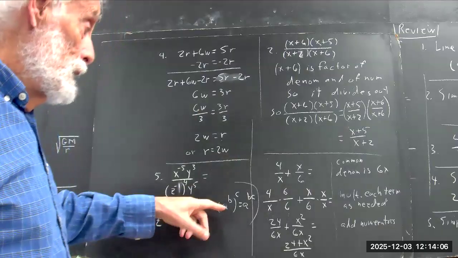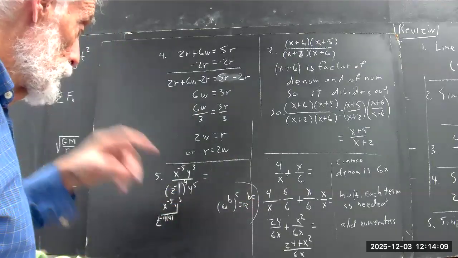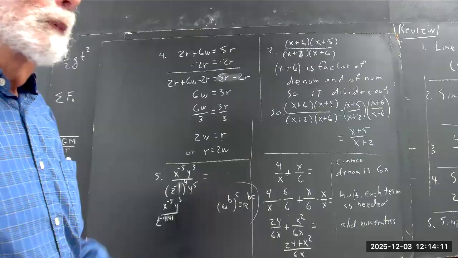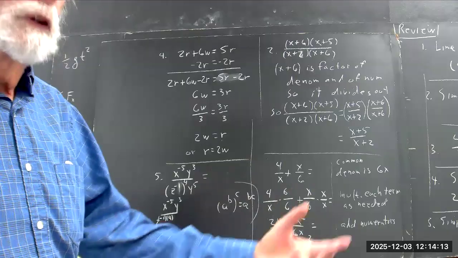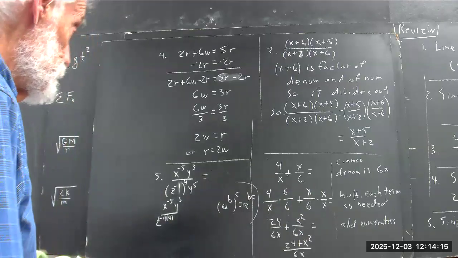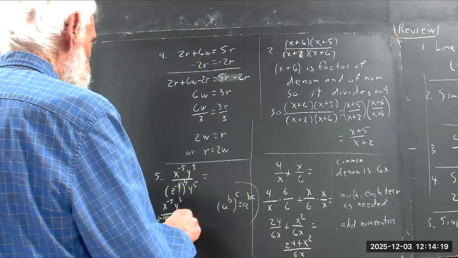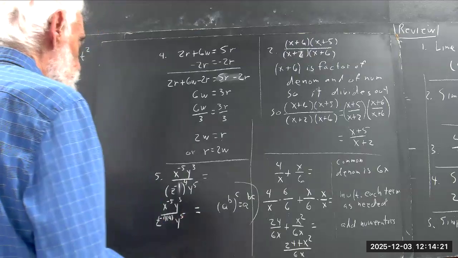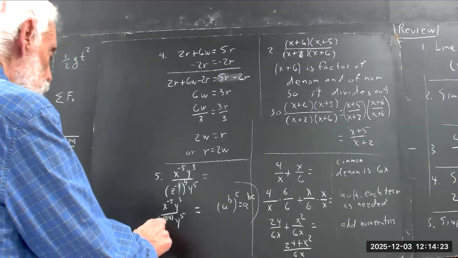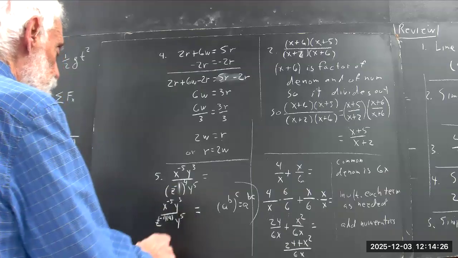Always check out these rules and make sure that you have them right, using like 2 and 3 for a and b. Anyhow, then we have y to the 5th here. And this is z.